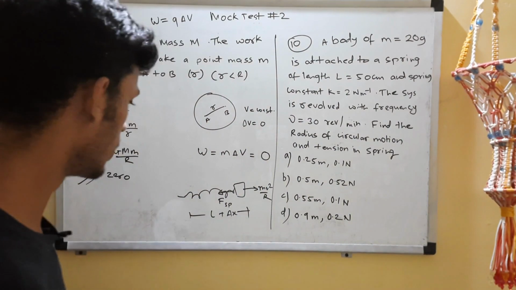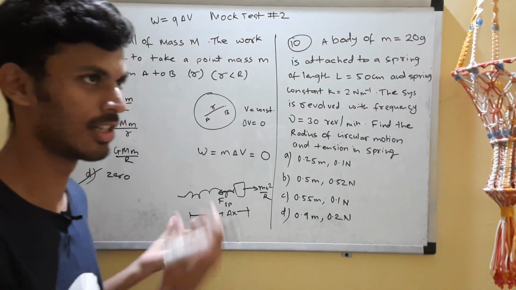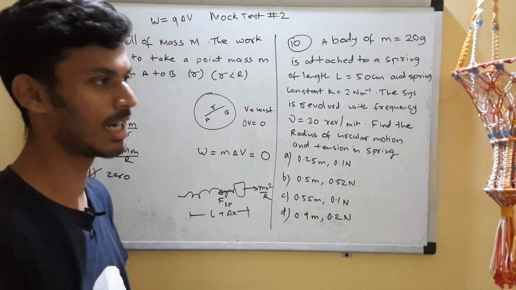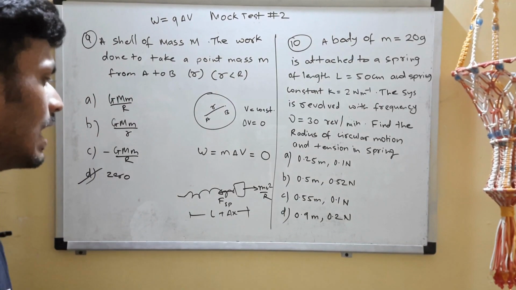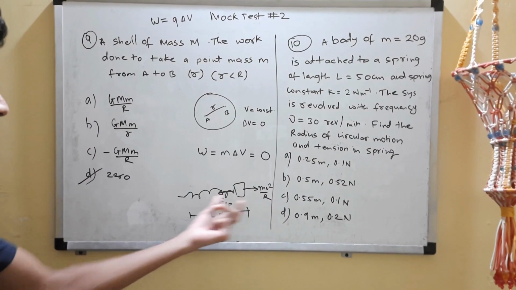So you are supposed to find the radius of this circular motion, which is L plus this extension: the natural length plus some extension due to that outward force, due to that centrifugal force. So first of all we have to find this delta x. How will we find that? We can actually equate these two forces.